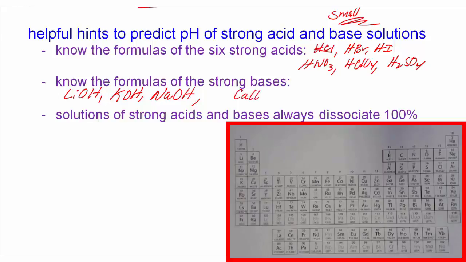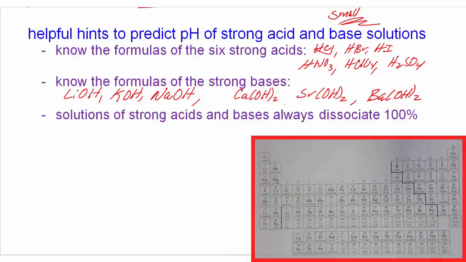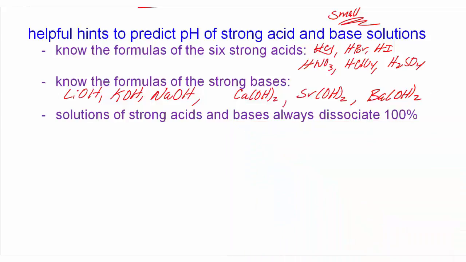Calcium hydroxide, strontium hydroxide, and barium hydroxide. So there's our strong bases. Solutions of strong acids and bases always dissociate 100%, and we're going to see what that means when we start working some problems.